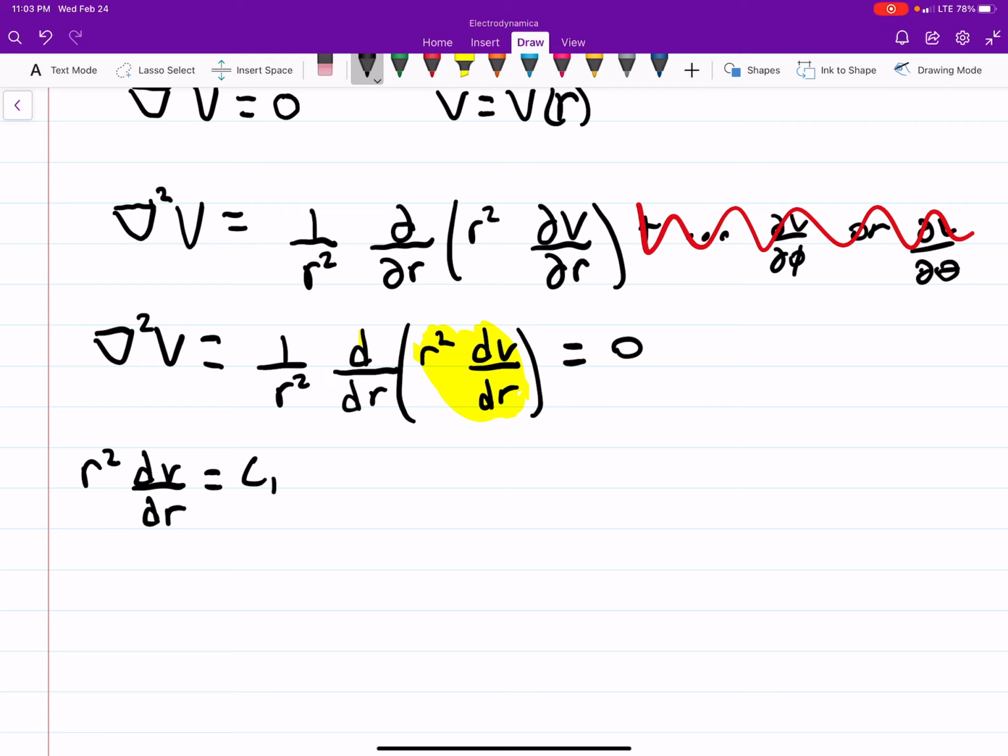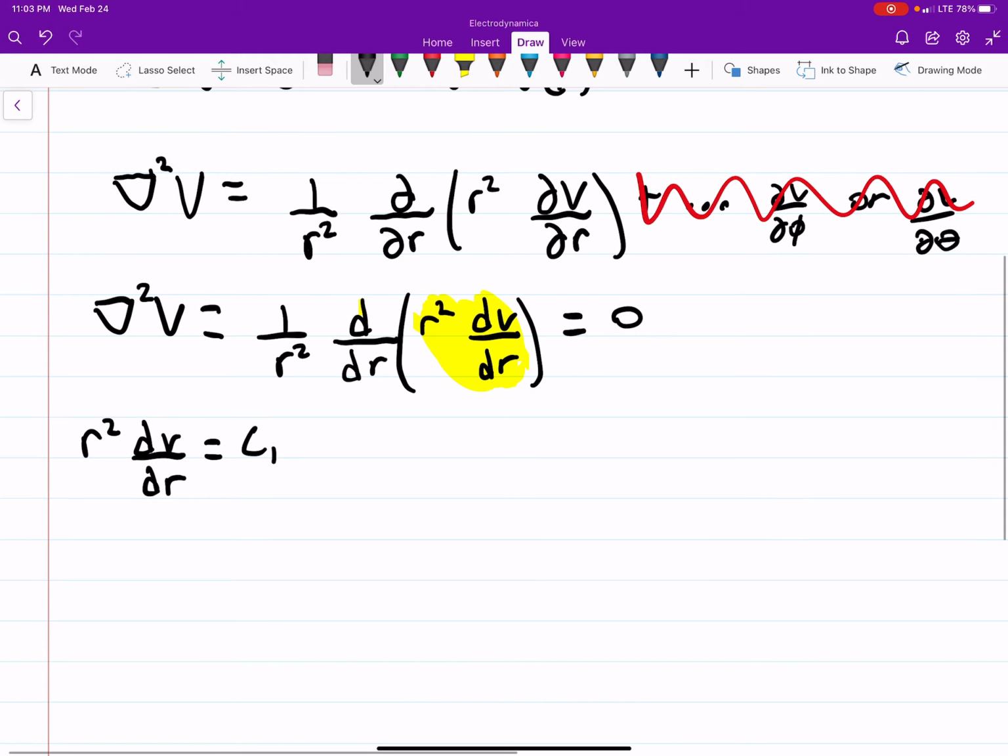Well, now we can simply divide over by r squared, and we get dV dr is c1 over r squared.